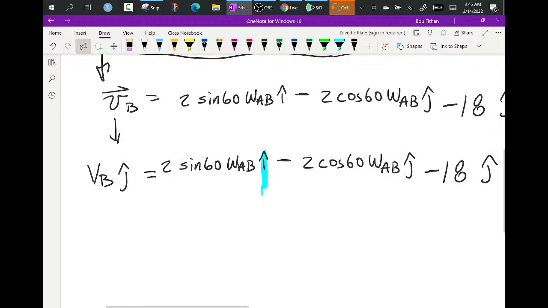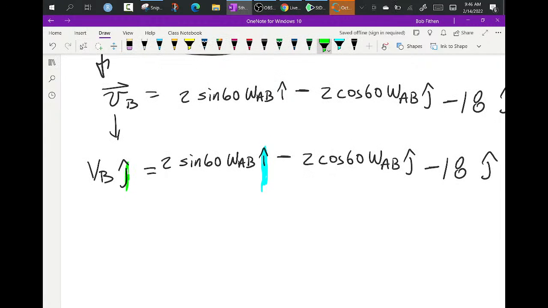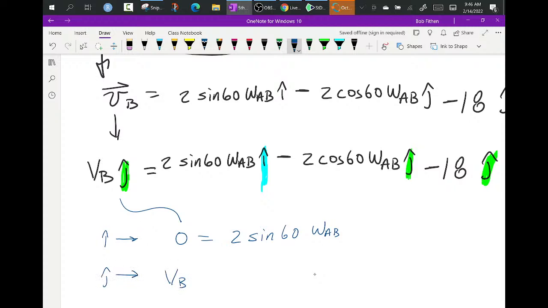Now I can write. Okay, let me do the J as like green. There's your J component. So what I do is I say, hey, I'm going to take all the coefficients of I and write here. I don't have any on the left, but I have this, 2 sine 60 omega AB, and that's all I have. But for the J, I've got the VB on the left. So what I'm doing is I'm getting this. Oh, I just did it backwards.